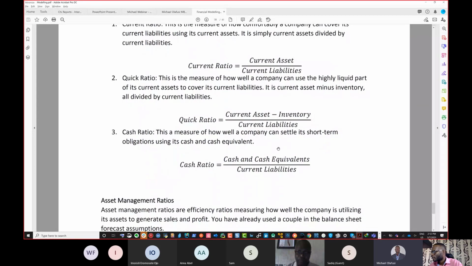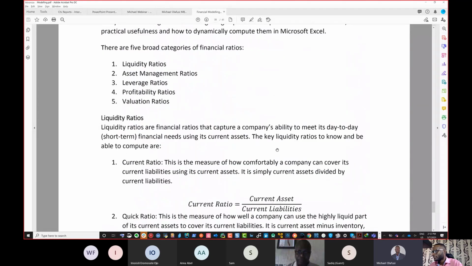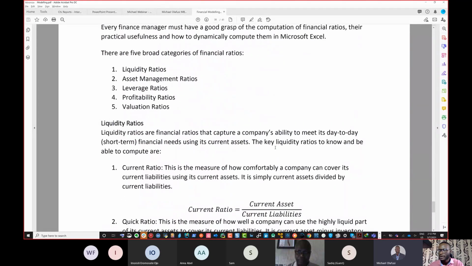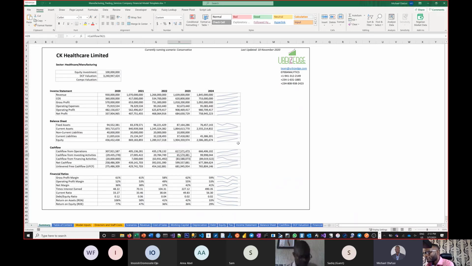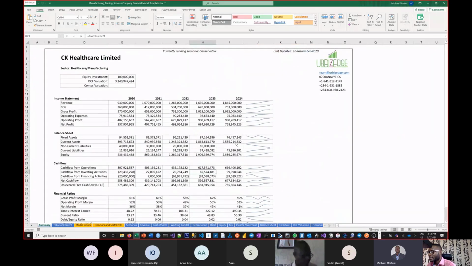Okay, so we are going to do the computation. I just want you to understand what they mean, so that when we are doing the computations, they will make sense. In fact, as we have talked about liquidity ratios, let's go to the computation for it, so that the explanations will not pile up. So I have here a company that's into healthcare and manufacturing.